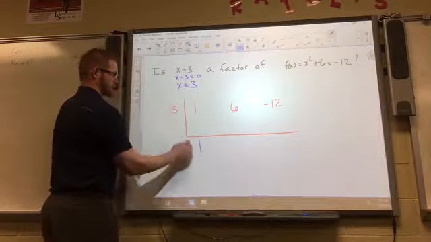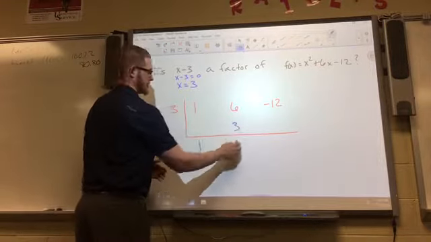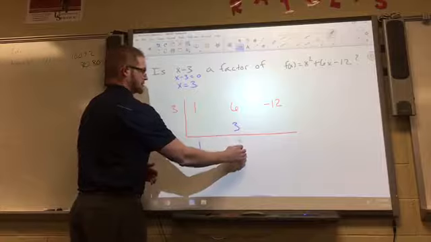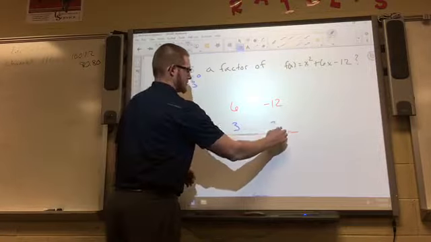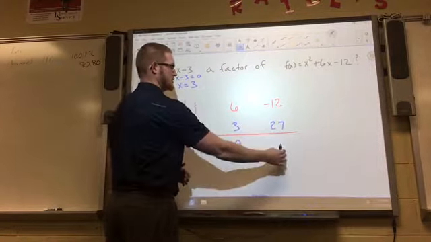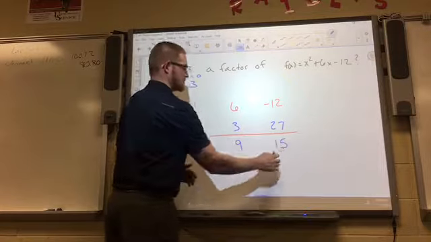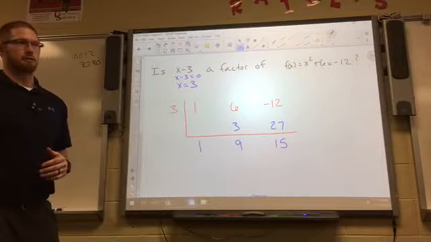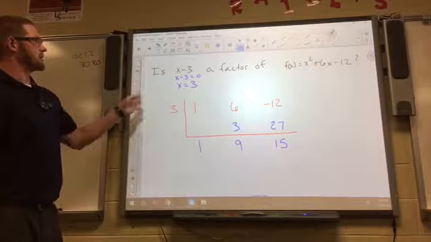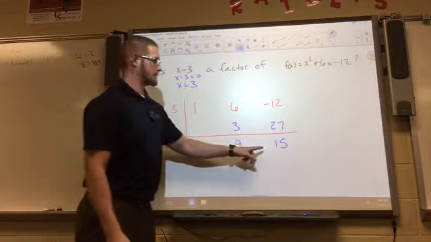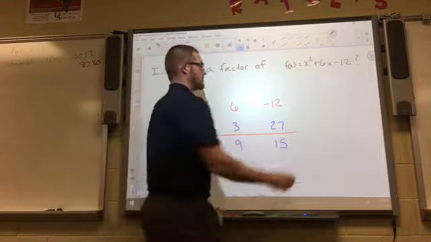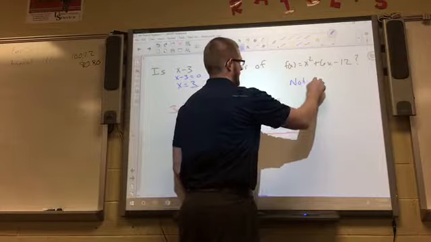Bring down the 1. 3 times 1 is 3. So it's not a factor. If they want to know, is it a factor, you do your synthetic division, you don't get a 0, it's not a factor.